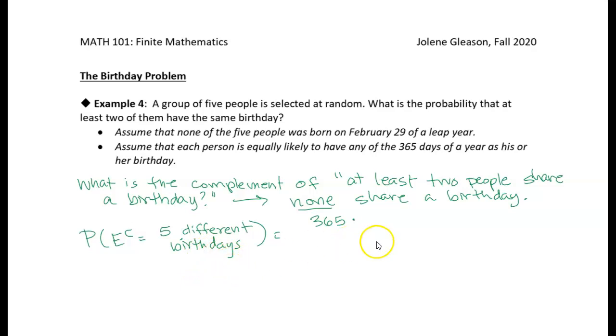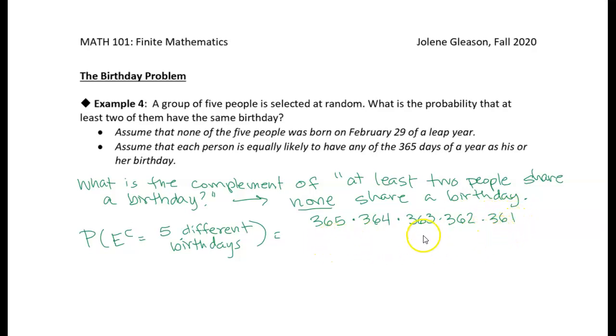So the second person has to have a birthday that's not the same as the other person. So there's only 364 days left for that person. Then the third person would only have 363 different birthdays possible, and then 362 for the fourth person, and finally the fifth person would have 361 days.